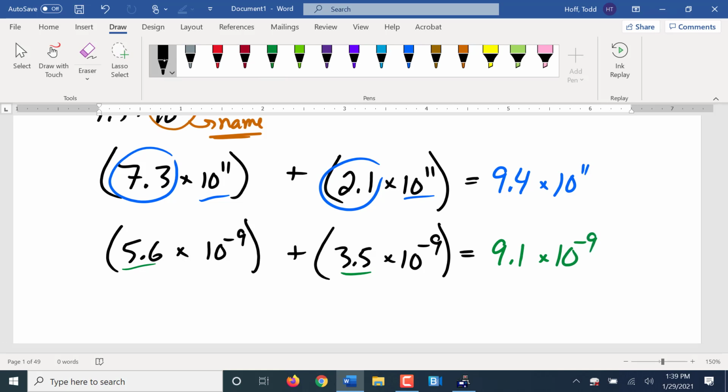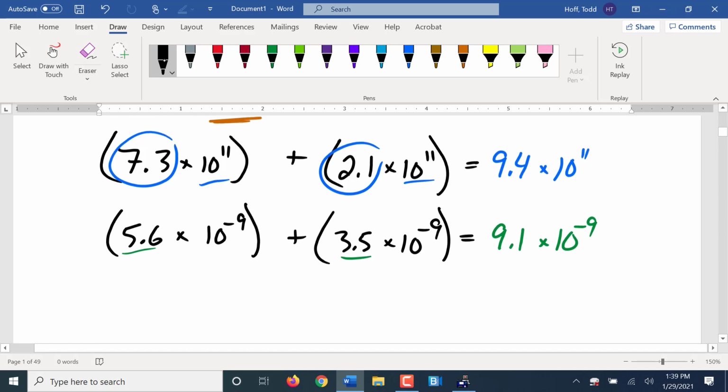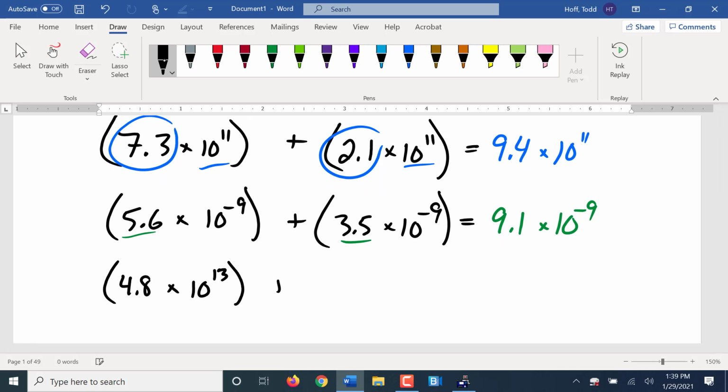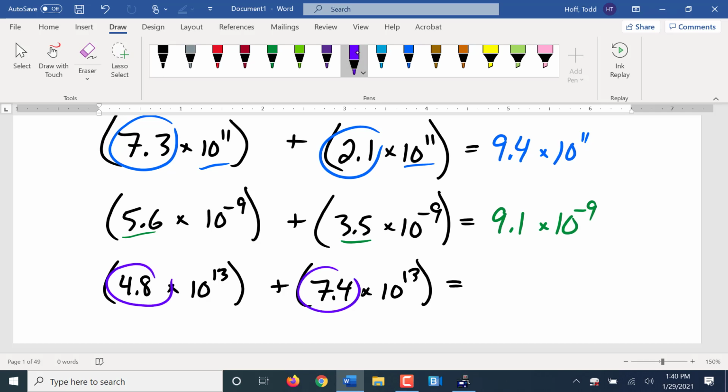Now, it's not always that simple. Sometimes we have to make some adjustments. You might have 4.8 times 10 to the 13th plus 7.4 times 10 to the 13th. When we go to combine counts here, 4.8 plus 7.4 is 12.2, good, times 10 to the 13th.